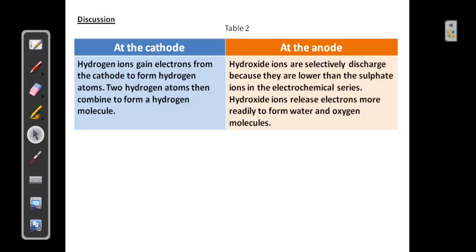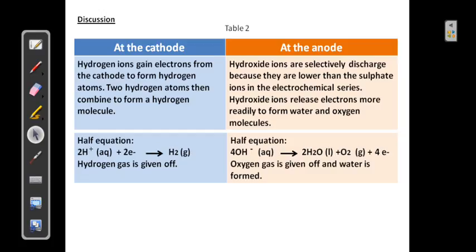While at the anode, hydroxide ions are selectively discharged because they are lower than the sulfate ions in the electrochemical series. So hydroxide ions release electrons more readily to form water and oxygen molecule. So hydrogen gas is given off at the cathode, while oxygen gas is given off at the anode, right? So that is the half equation.